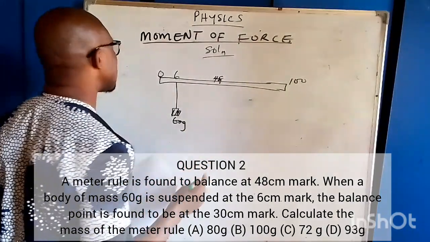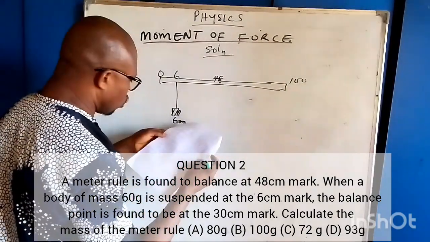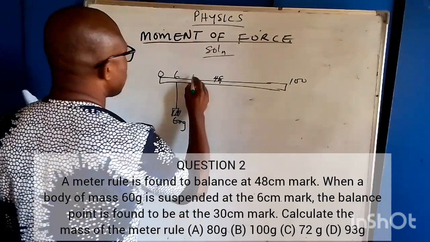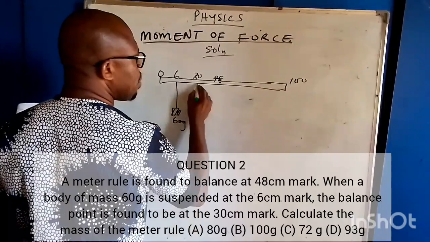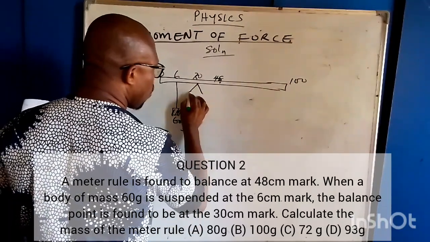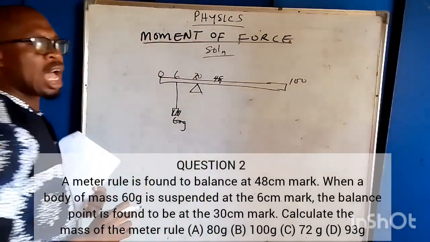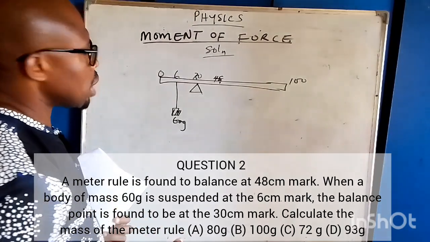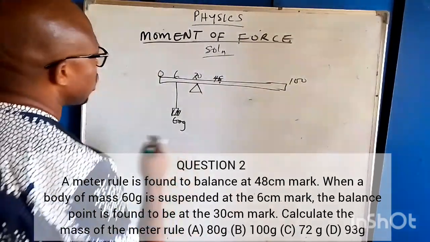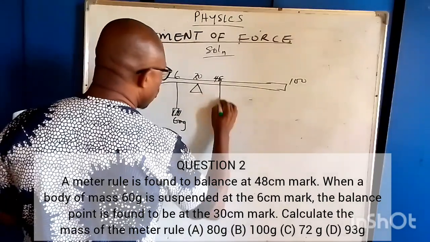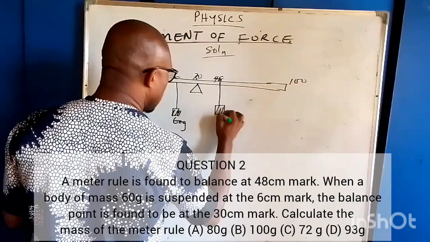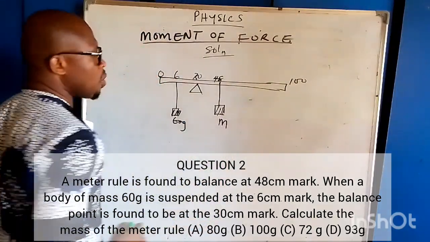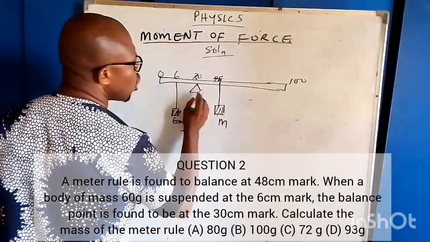And so the balance point is now found to be at 30 cm mark. That means here at the 30 cm mark is where we will have our pivot. And they said calculate the mass of the meter rule. So the mass of the meter rule will act at the 48 cm mark. So this is M.